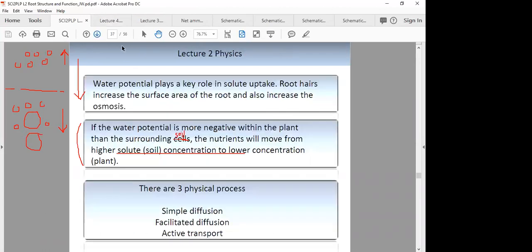Now let's go back. All right, so now we can look at this statement once again. High solute concentration in the soil. So let's say this was the soil and you've got a high solute concentration here, and you've got a lower concentration here in the actual plant.